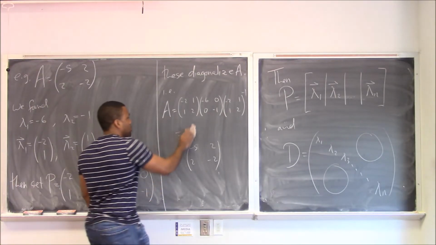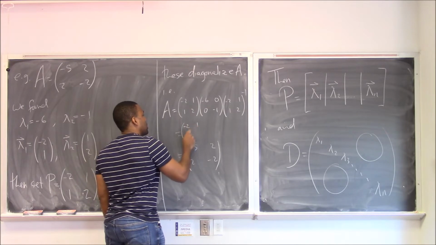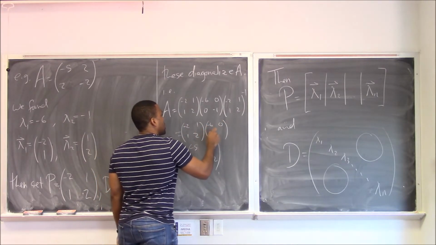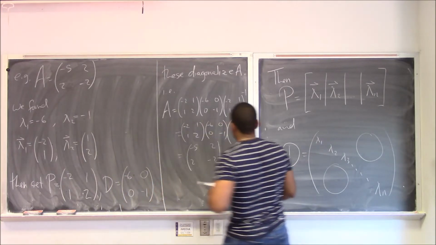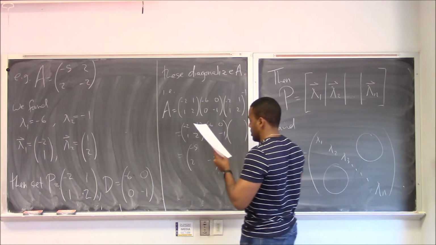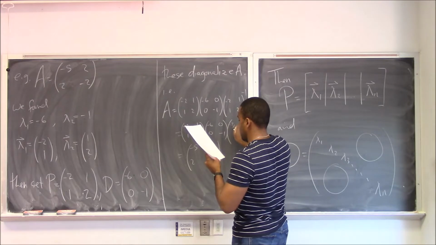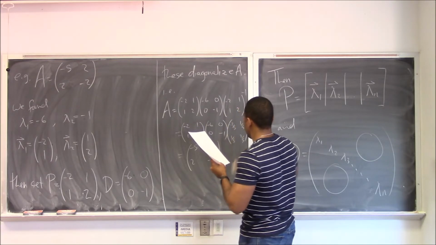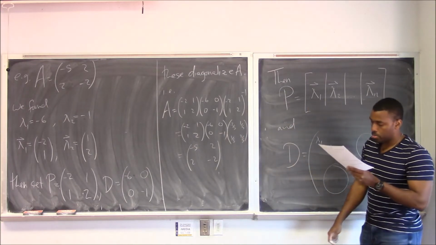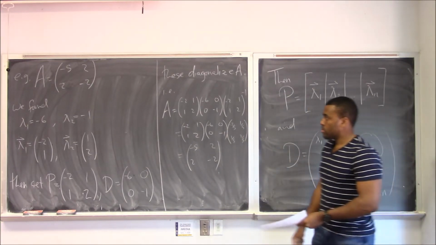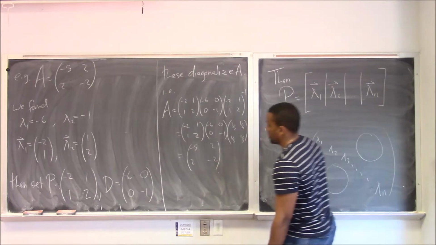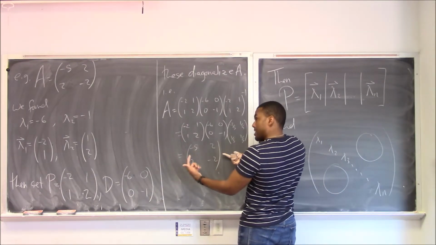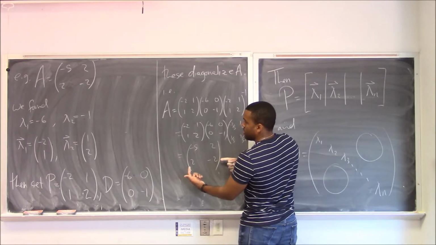I actually wrote out what this was. If you want to take the inverse of this, it's going to be [[-2/5, 1/5], [1/5, 2/5]]. So you can verify this just in case you want to check if you made a mistake.